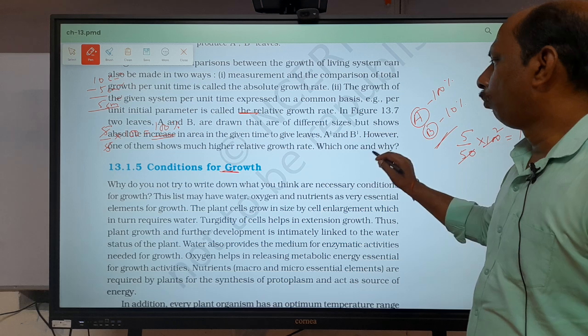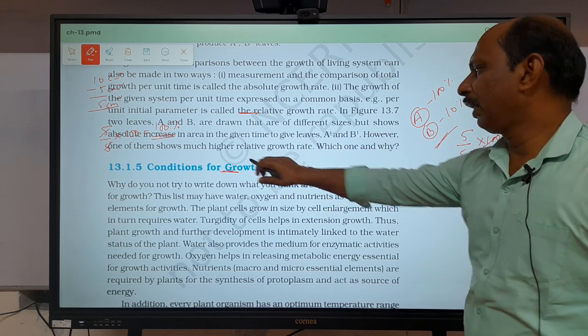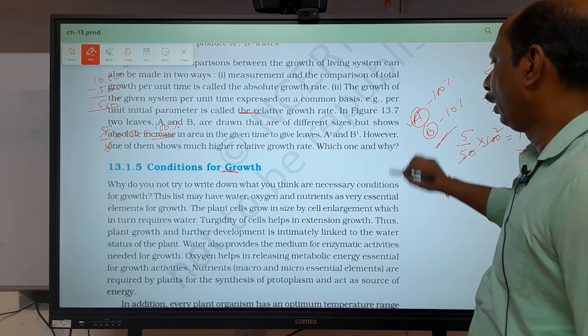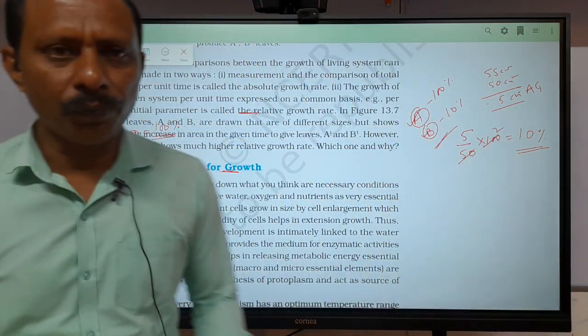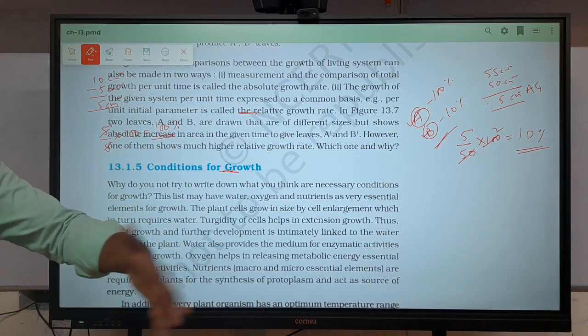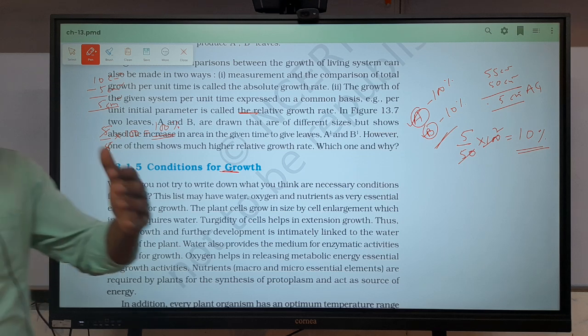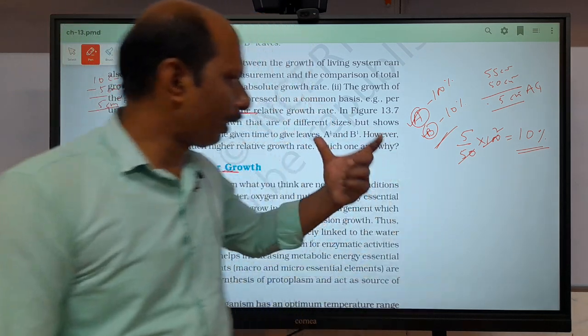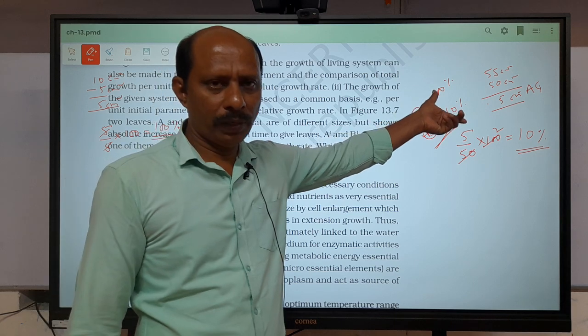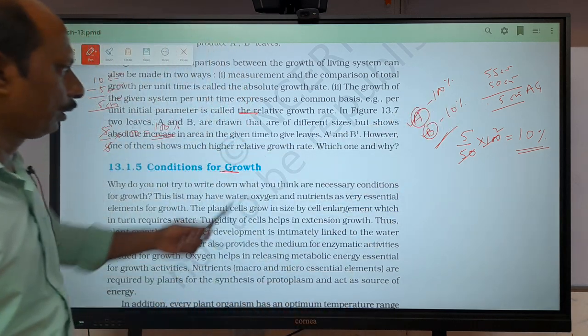Which one has much higher relative growth? A, right? And why? Because when we consider the interrelation between the primary leaf and the final leaf after maturation, we find out this ratio, this percentage.